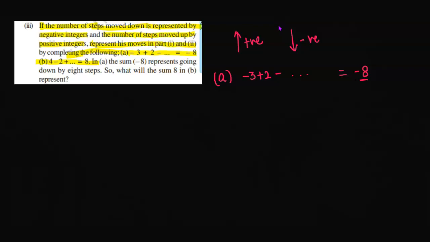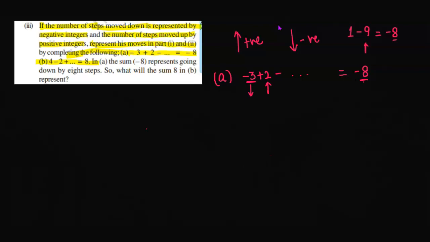This negative 8 means that he has climbed down 8 steps. How? See, he was on the first step and he went down to the 9th step. Because he is going downwards, it will be 1 minus 9. So the number of steps that he went down is 8, in the downwards direction.